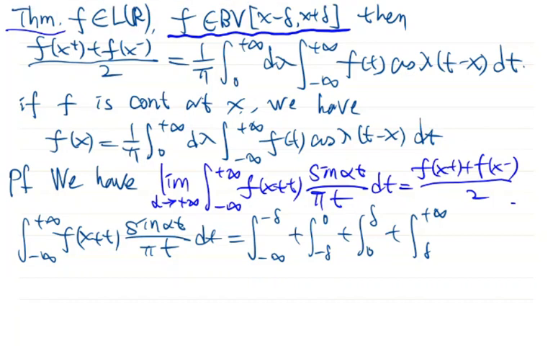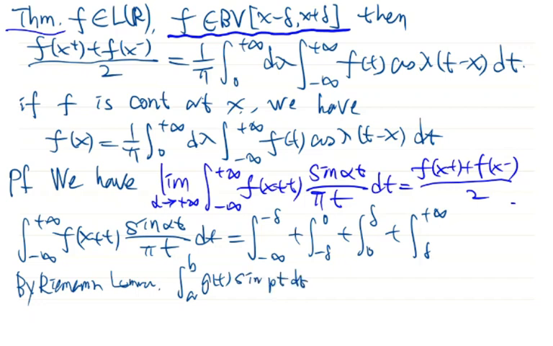Now from the lemma, we know that the integral of g(t) sine pt dt goes to 0 as p goes to infinity, right?